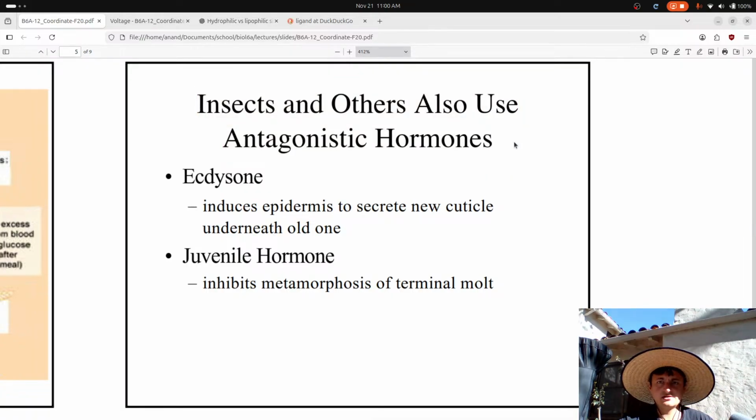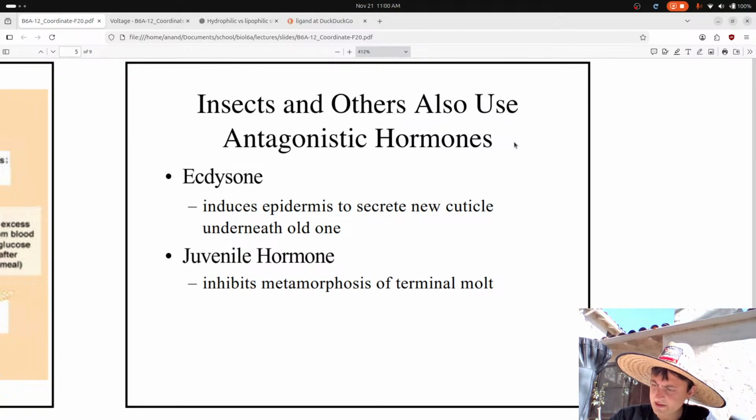Insects and others also use antagonistic hormones. Ecdysone induces... Oh, interesting. In insects, ecdysone induces new cuticle.